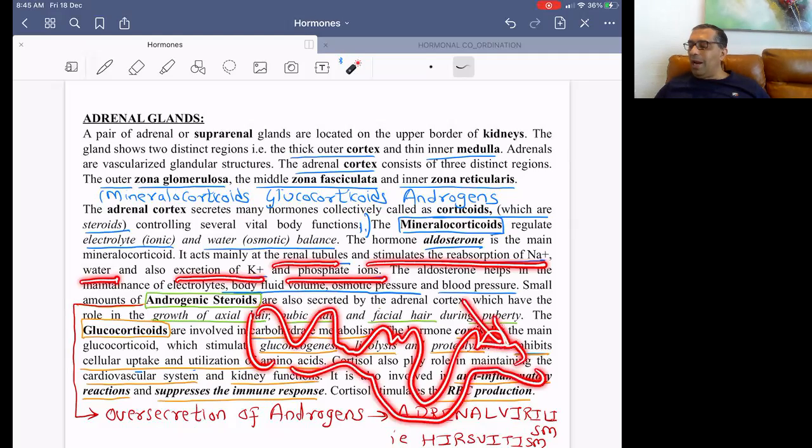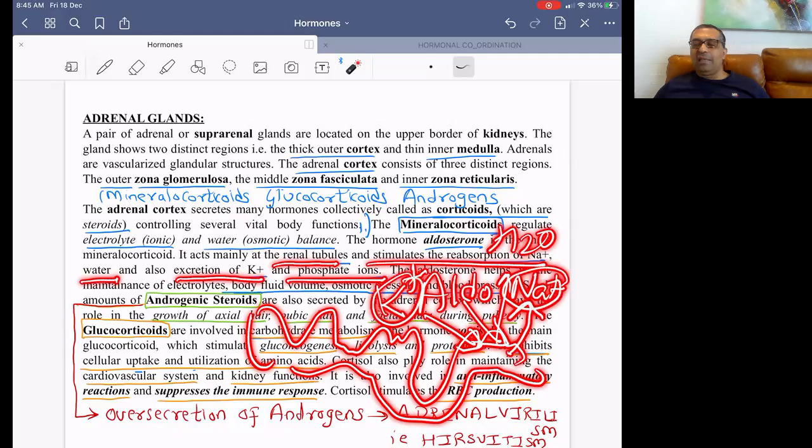डीसीटी पे एल्डोस्टेरोन एक्ट करता है and helps in the reabsorption of sodium and water and helps in the excretion of potassium and phosphates. So aldosterone सोडियम को रीअब्सॉर्ब करता है और पोटेशियम को यूरिन में एक्सक्रीट करता है.